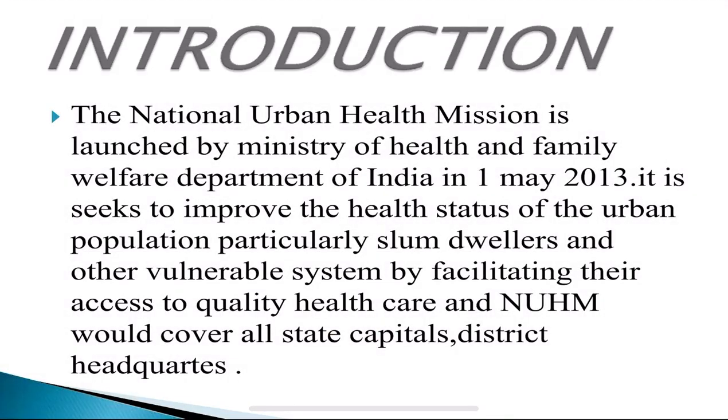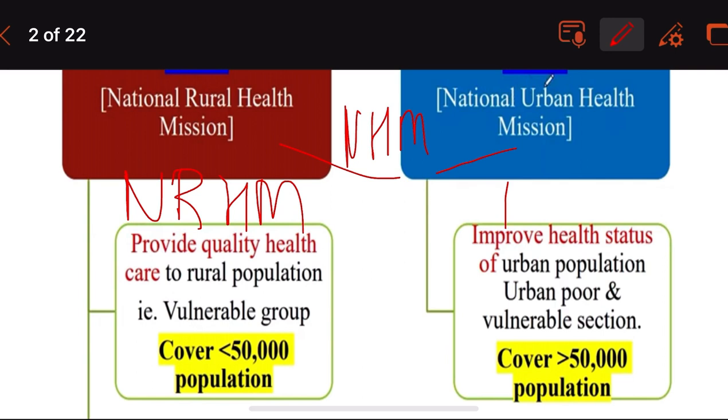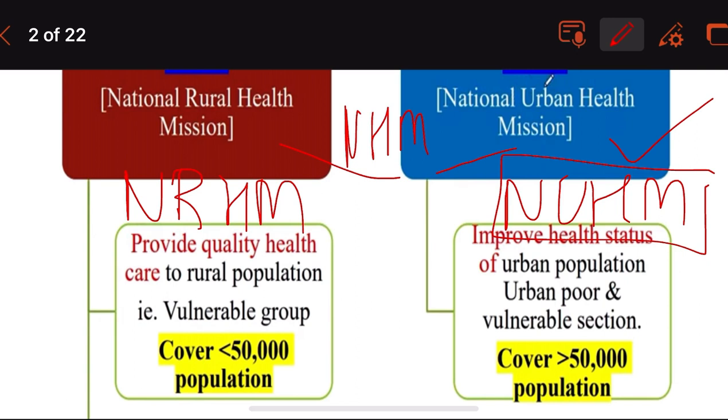So this was about the introduction. The National Health Mission encompasses two divisions: the National Rural Health Mission and the National Urban Health Mission. In today's session we will discuss the Urban Health Mission, and in the next session we will deal with the Rural Health Mission.